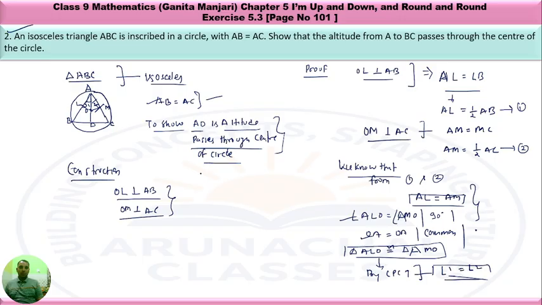Now let's move to the next. We have triangle ABD and triangle ADC. So we have AB equal to AC, because it is given as an isosceles triangle, and angle 1 and angle 2 are also equal, that we have just proved above.